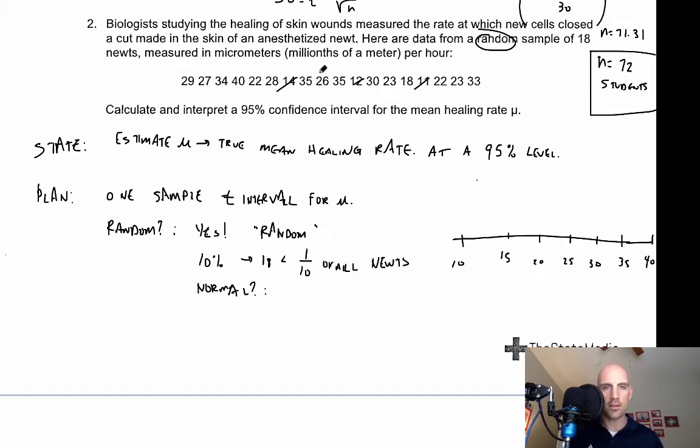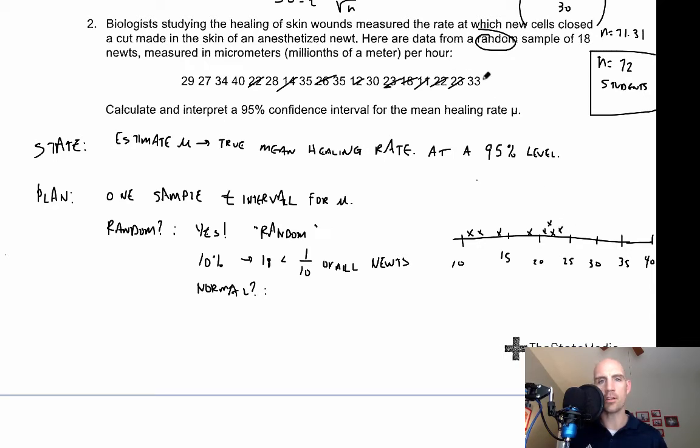Okay, so 11, 12, 14. So I've got 12, 14. Let's see in order. Let's see, 22, 26, 23, 18. So 18, 22, 23. Got another 22 here. Got another 23.